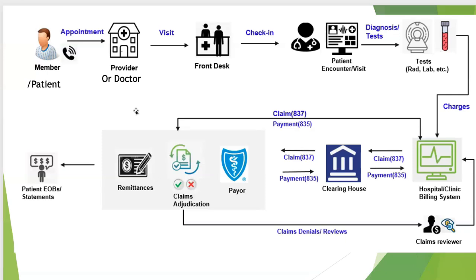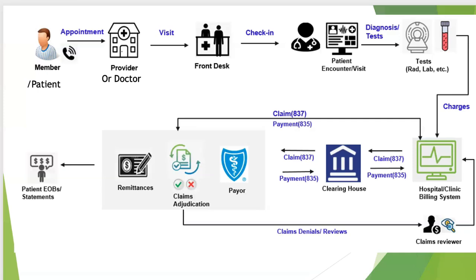Once the insurance companies receive the EDI 837 files, they have automation that checks first name, last name, and date of birth, making sure this is an existing member and their policy is valid. So they do the basic validation. Once those validations are done, they determine whether the claims are processed or denied.